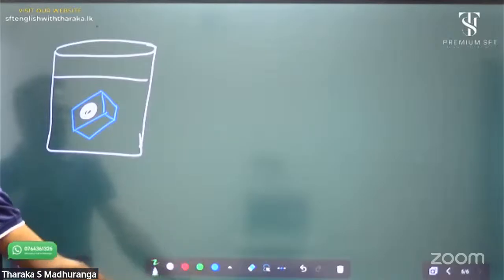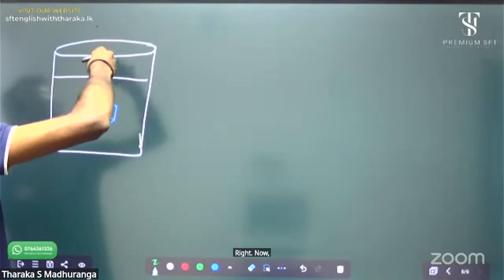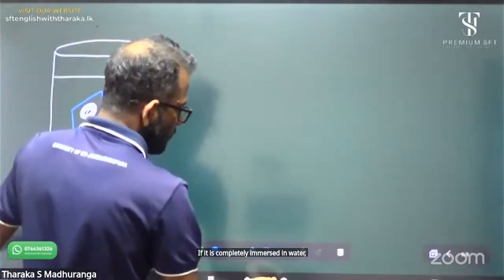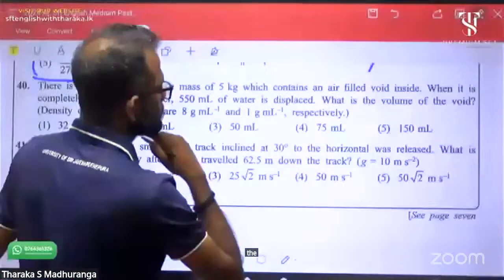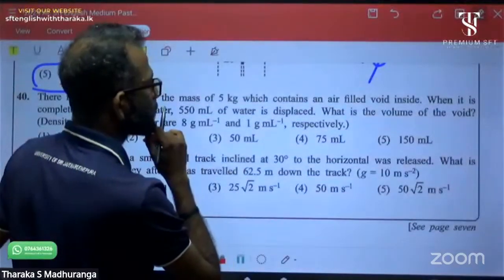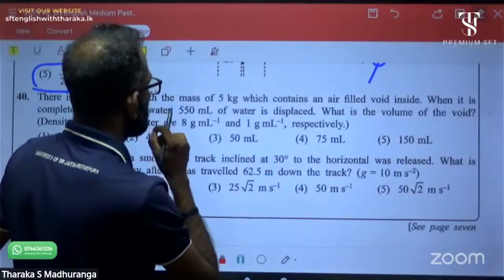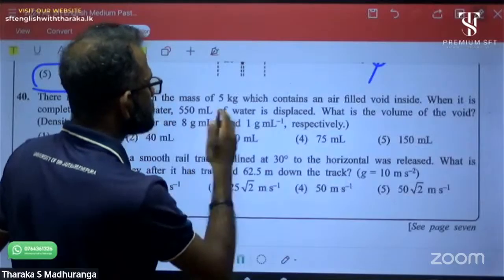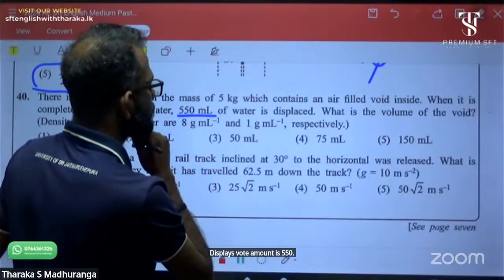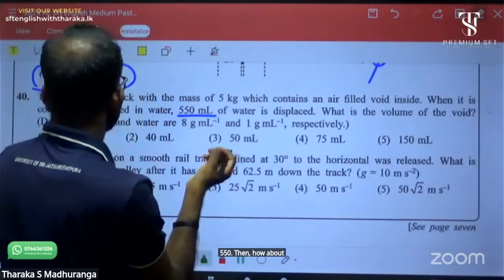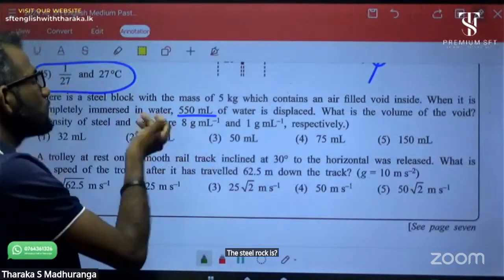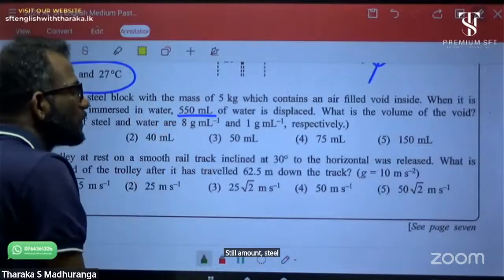Now, if it is completely immersed in water, the displaced water amount is 550. Then the steel volume is 550, right?